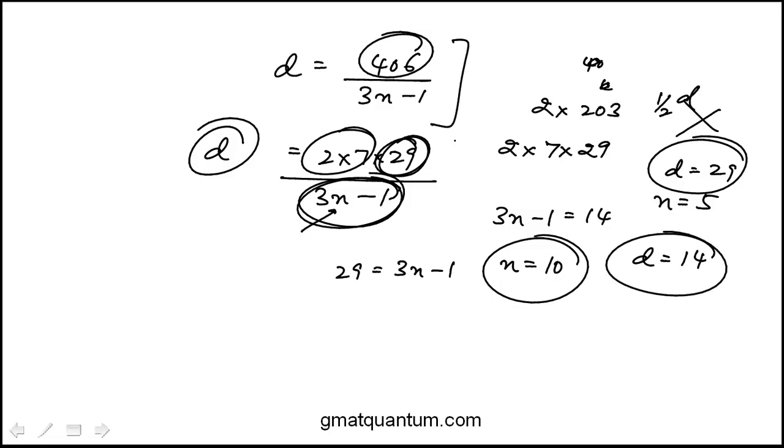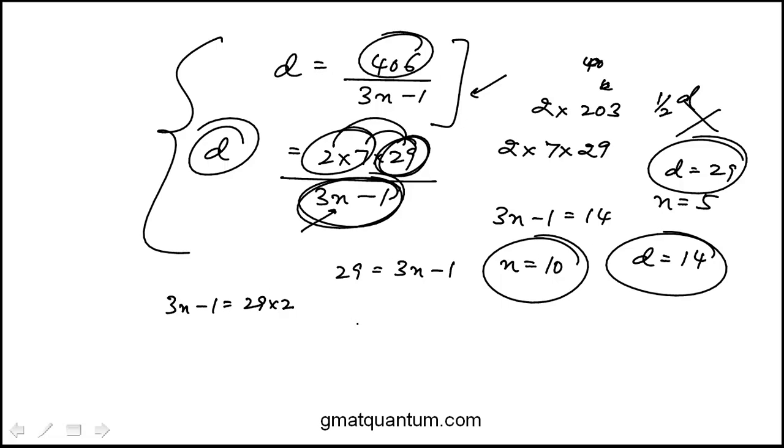So that would be one way you could generate these. But this is not what I did in the exam. It seems good now, looking at it after the fact, but sometimes it can be difficult to do this in the exam under pressure. But I just wanted to show you that there is another way out. There's also the third possibility, 3n minus 1 could be 29 times 2. Well, that doesn't work because n wouldn't be an integer.